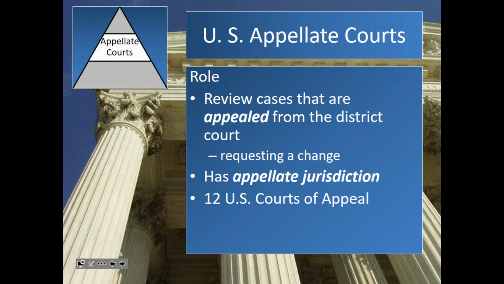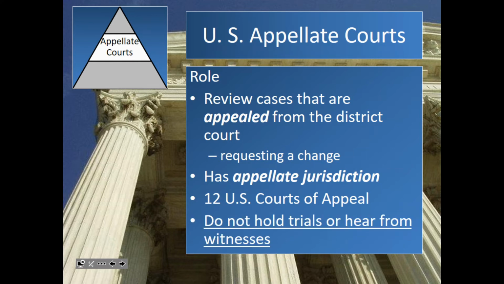There are 12 U.S. courts of appeals in the United States. What's really the biggest difference here is these do not hold trials or hear from witnesses. All that we're doing is looking at what the district court ruled and how the court case went. And there are only 12 of these around the United States.